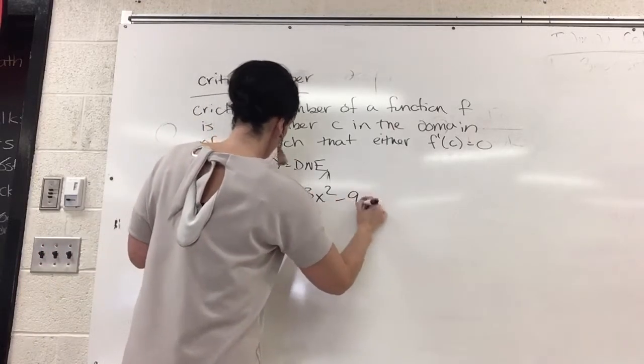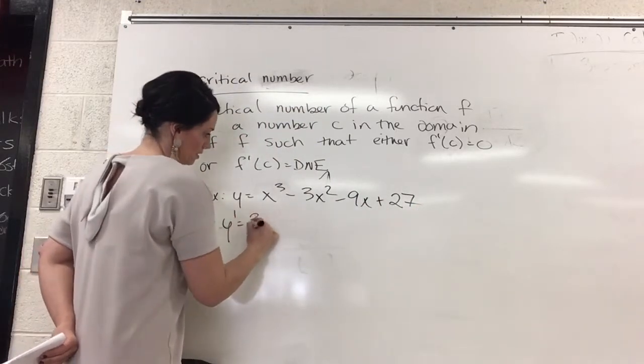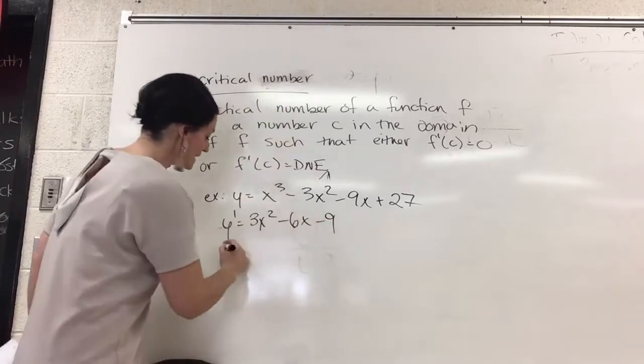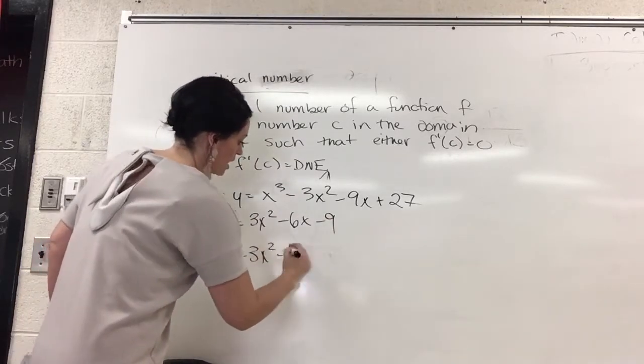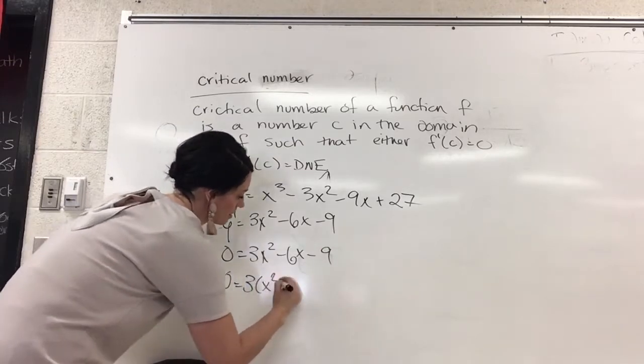If I ask you to find the critical numbers, the first thing you're going to do is find the derivative and set it equal to 0 and solve for x. So I'm going to factor a 3 out here.